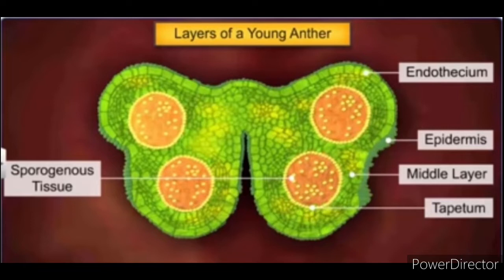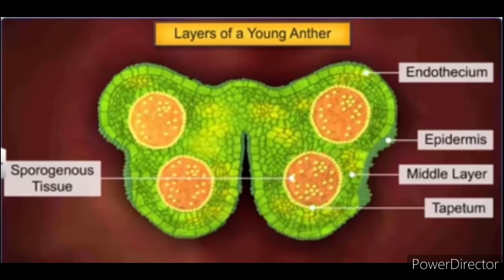The first one is called epidermis. Epidermis is the outer single layer of flattened cells which provides protection. Okay, the anther wall contains four layers. First we discussed the anther, it is bilobed and dithecous.